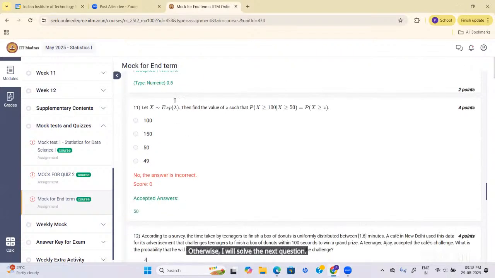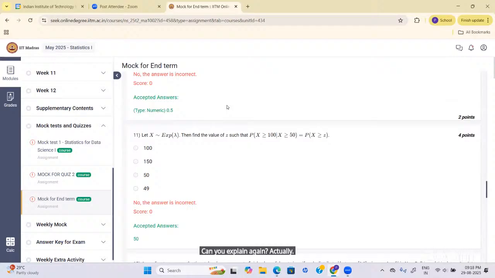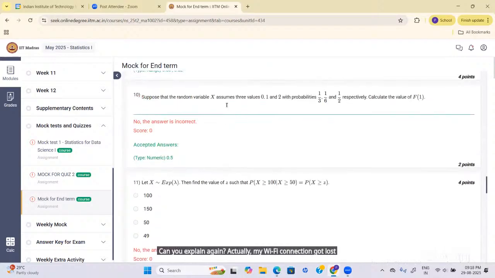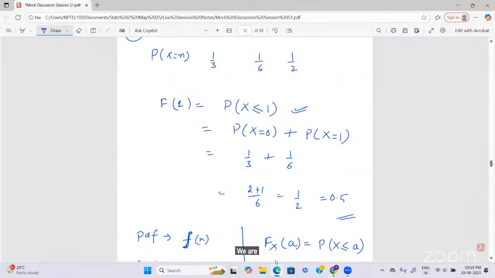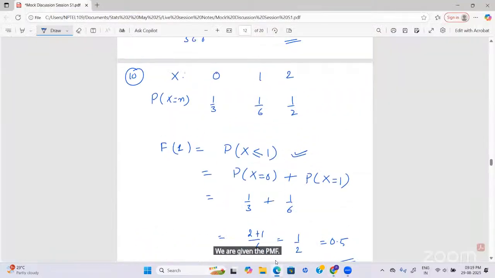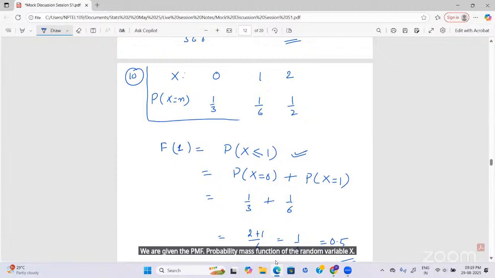Can you explain again? Actually, my Wi-Fi connection got lost. Okay. So the question is, suppose that the random variable X assumes 3 values. X is taking these 3 values with probabilities 1 by 3, 1 by 6, and 1 by 2 respectively. So we are given the PMF, probability mass function, of the random variable X. This I can write like this, a PMF table.